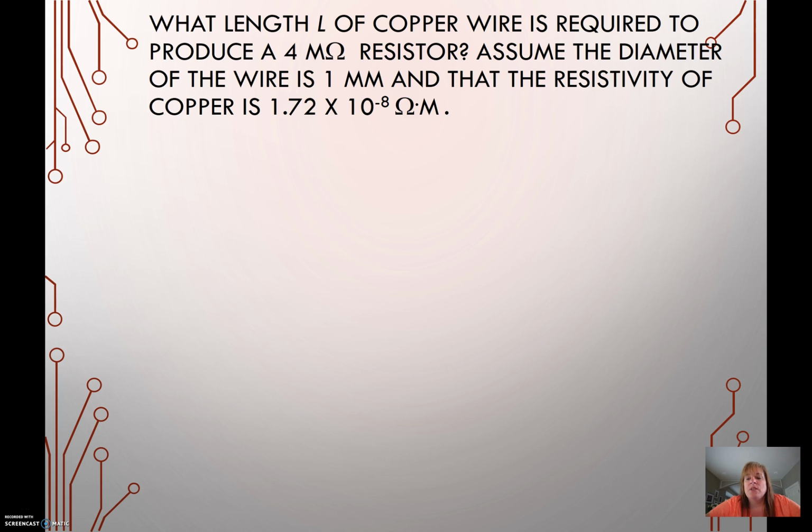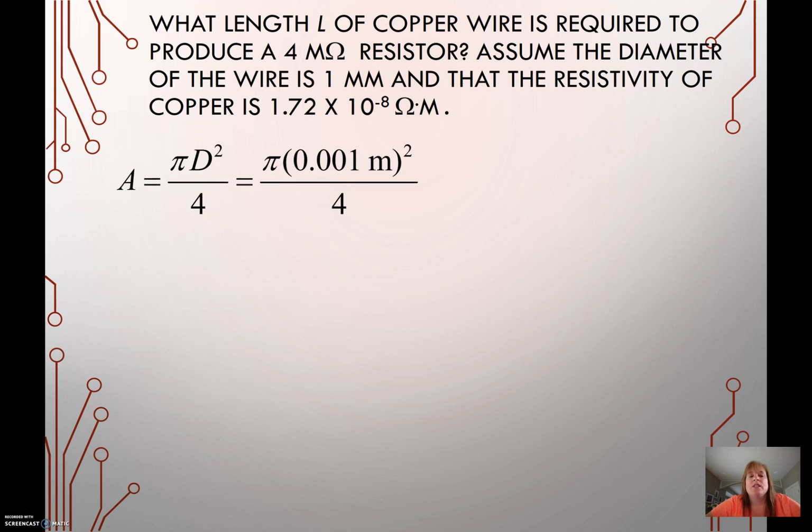Well, the first thing we need to do is find out the cross-sectional area of the wire. All right, so cross-sectional area, pi d squared over 4, or pi r squared. So first, make sure you're working in meters. So our area is 7.85 times 10 to the negative 7th meters squared. So make sure you work in meters, because notice that resistivity is ohm meters.